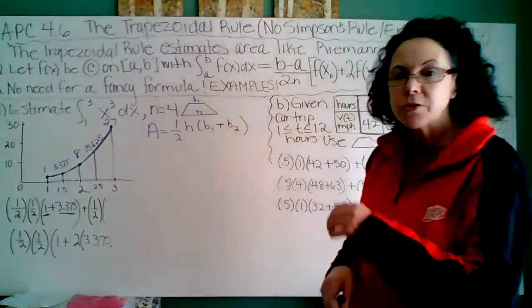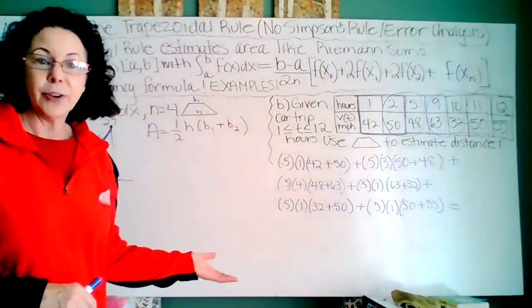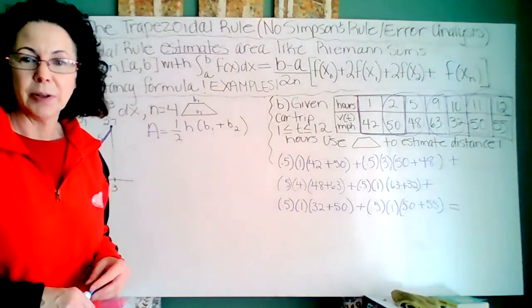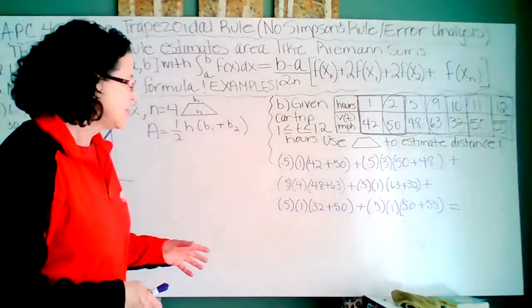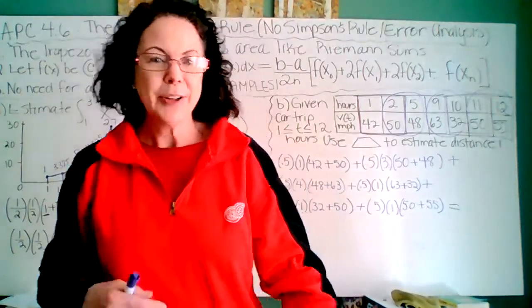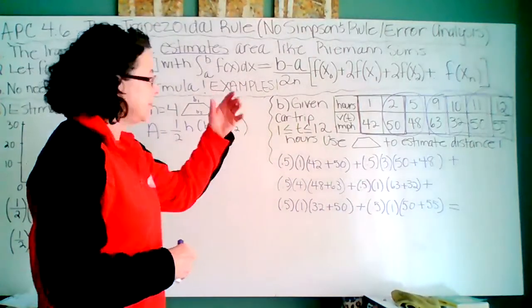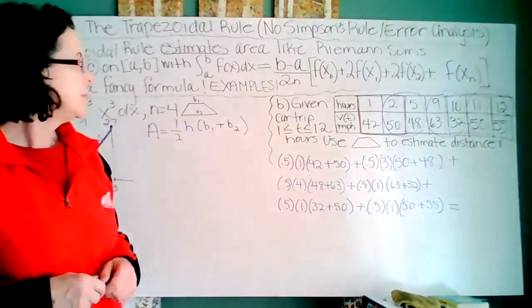And I did each of the trapezoid area formulas separately because they had different heights. I couldn't just use a formula. So again, I am sure that you can do this math correctly in your calculator. Add it up. And that would estimate the distance that you traveled during that time period.